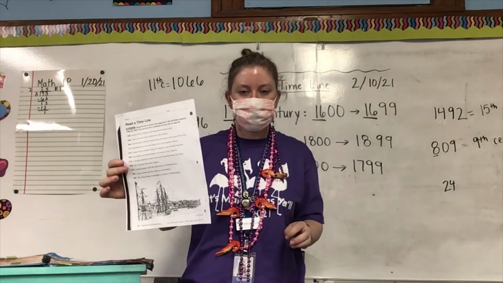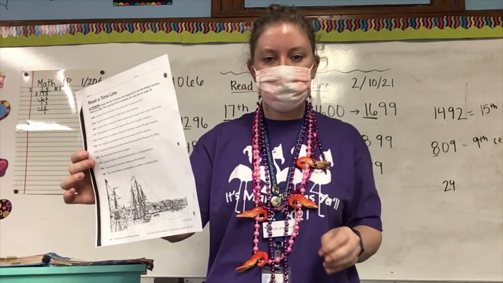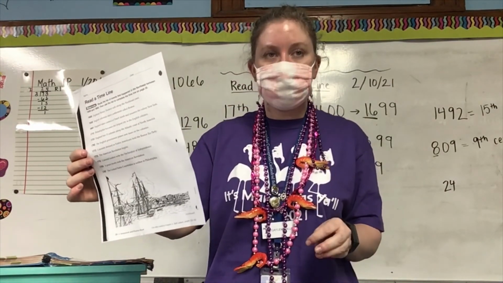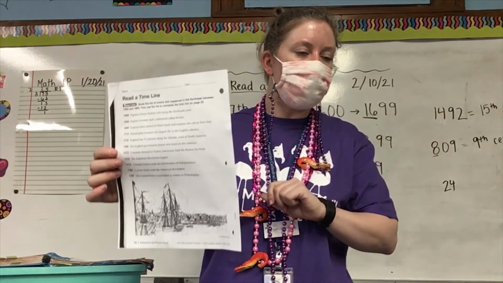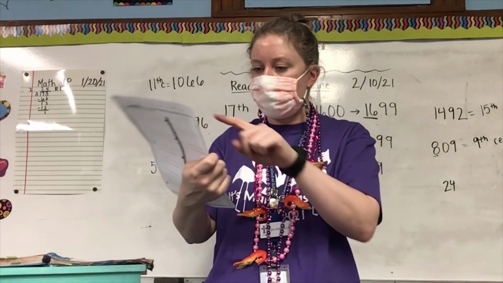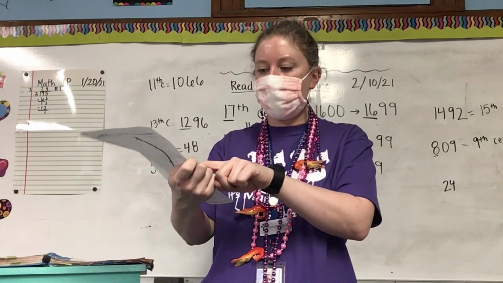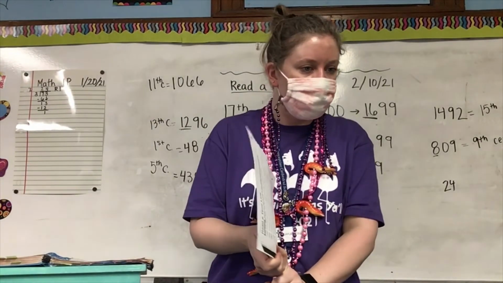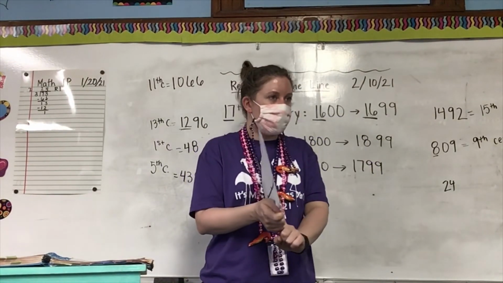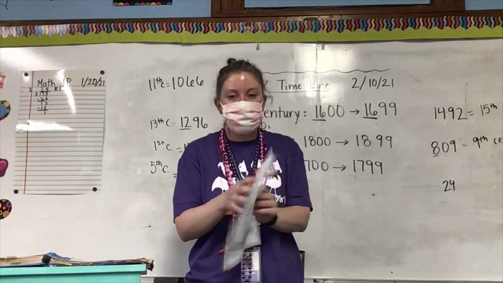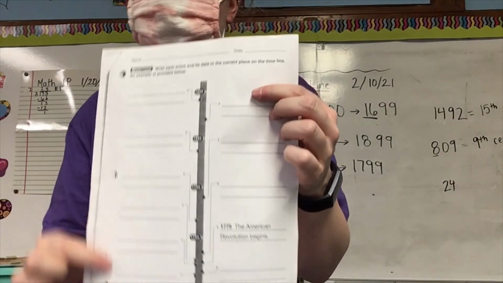Smith? 1775, the American Revolution began. There you go. So go ahead and you can cross that one out. It's the 1, 2, 3, 4, 5, 6, 7, 8, 8th one. You can cross it out to show you don't have to find where it goes. The rest of them, you are figuring out where they go on the timeline.